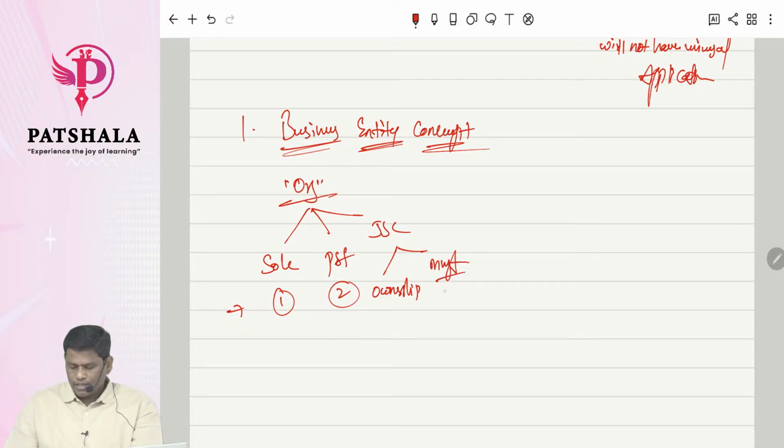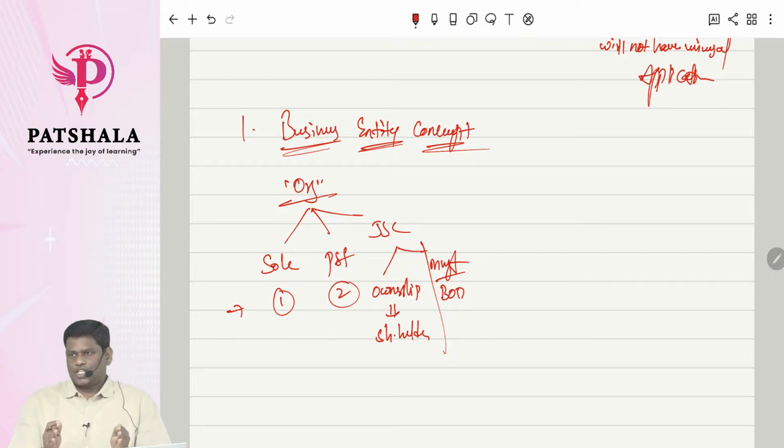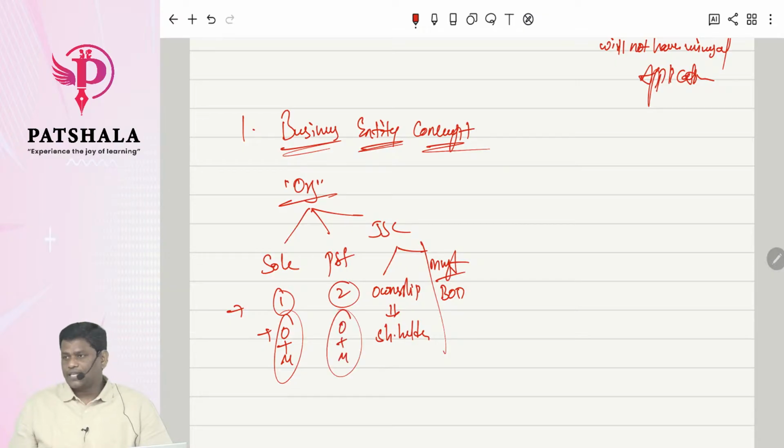Management will be in the hands of the board of directors, whereas ownership is in the hands of shareholders. In sole proprietor and partnership firm, ownership and management are one and the same. But in a joint stock company, ownership is different, management is different.